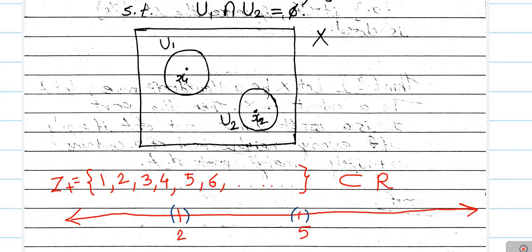Similarly, if we take other points such as 3, 4 and so on, again we can consider neighborhoods of these points such that they do not intersect each other. So the neighborhood of 2 does not intersect the neighborhood of 3, the neighborhood of 3 does not intersect the neighborhood of 4, the neighborhood of 4 does not intersect the neighborhood of 5, the neighborhood of 2 does not intersect the neighborhood of 4, the neighborhood of 2 does not intersect the neighborhood of 5, and so on.